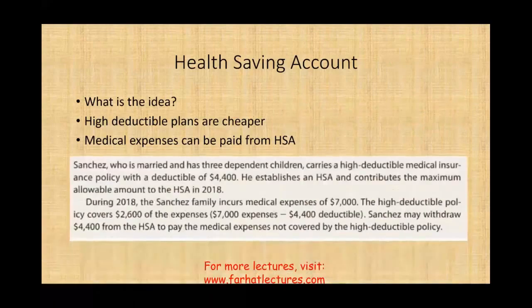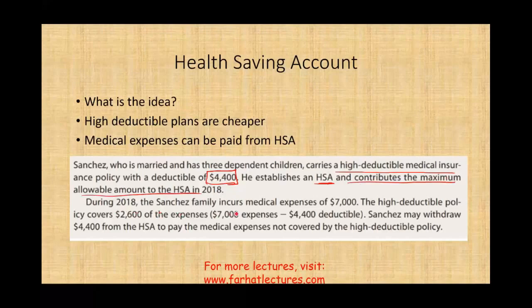Okay, let's look at an example. Sanchez, who's married and has 3 dependent children, carries a high deductible medical insurance with a deductible of $4,400. Simply put, the insurance company will not kick in until Sanchez and his family incur $4,400 in medical expenses. So Sanchez establishes an HSA and contributes the maximum allowable in 2018.